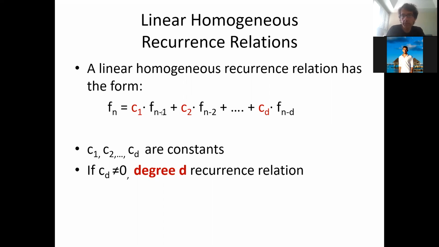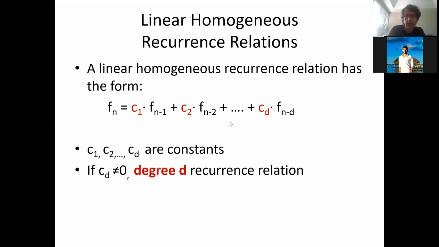So, for example, Fibonacci: c_1 and c_2 are 1, and that's it. d is 2 in the case of Fibonacci. Or a geometric sequence: d is just 1, and c_1 is the constant rate of growth of the geometric sequence.